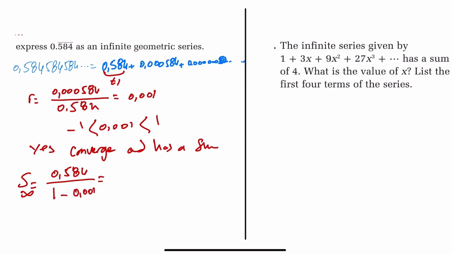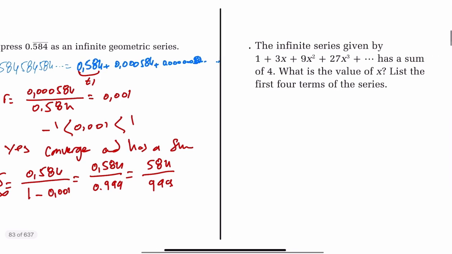That is 0.584 divided by 0.999, which is 584 divided by 999. So we just expressed this number as an infinite geometric series. So now let's do the second example.